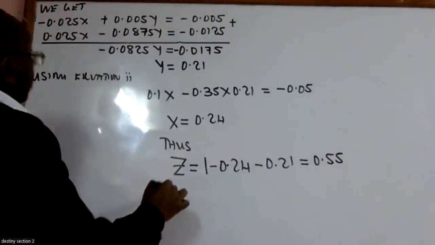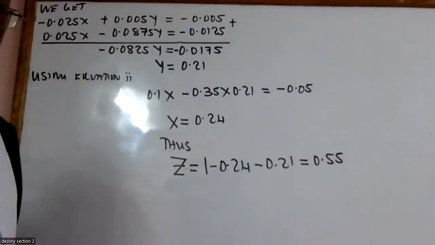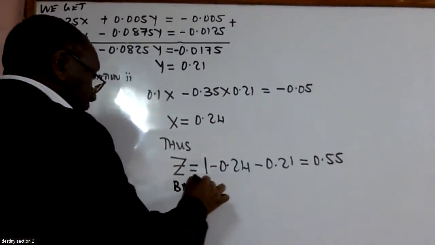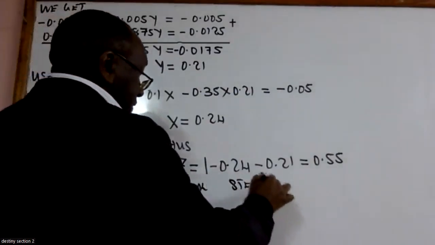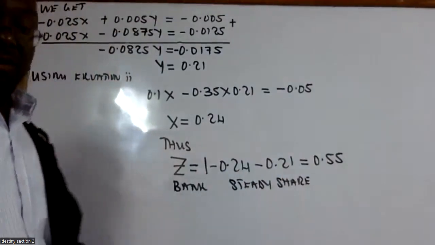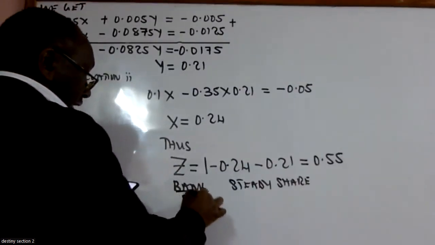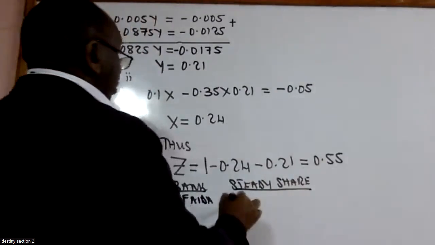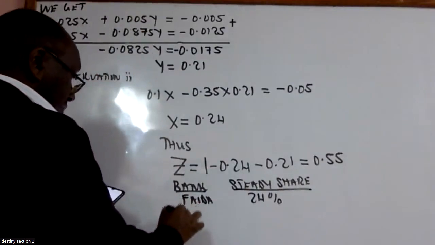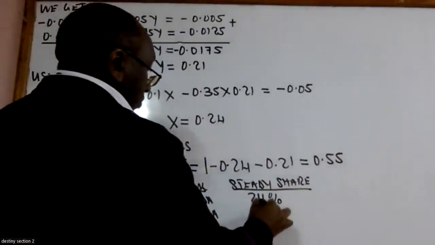So you can specify as we had said, or just leave it like that. Tell us the bank, see the market share. The first bank was called Faida. Faida was represented by X, so it is 24%. The other one is called Akiba. Akiba was represented by Y, so that is 21%.